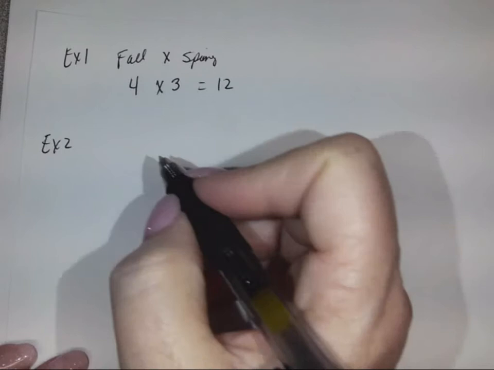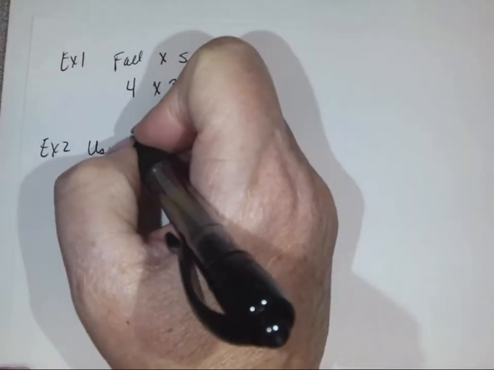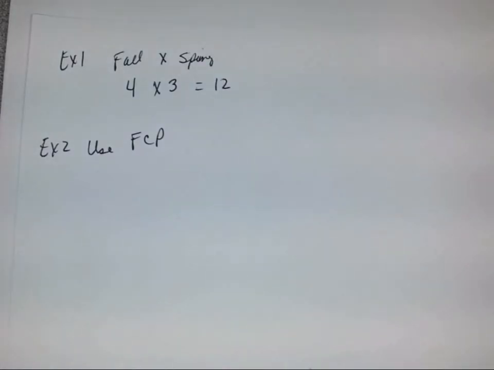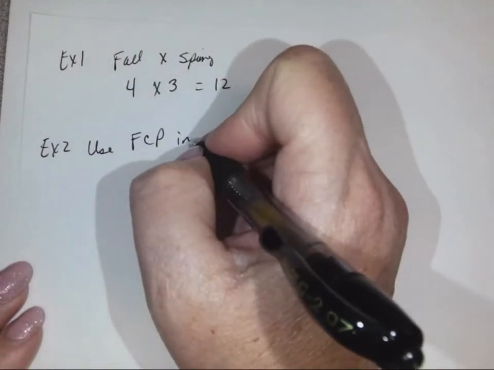So for example 2, we are going to use the fundamental counting principle in coin and dice problems.